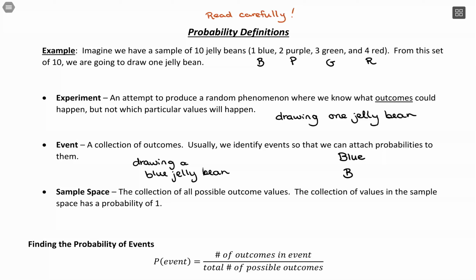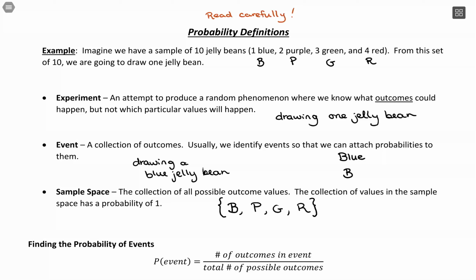Then our sample space is all of the possible outcomes. So it's like all the possible events even. Blue was one example, but we could look at drawing a purple jelly bean, a green jelly bean, or a red jelly bean. And with sample space, we use a special set notation, these curvy brackets around it, to represent sample space.